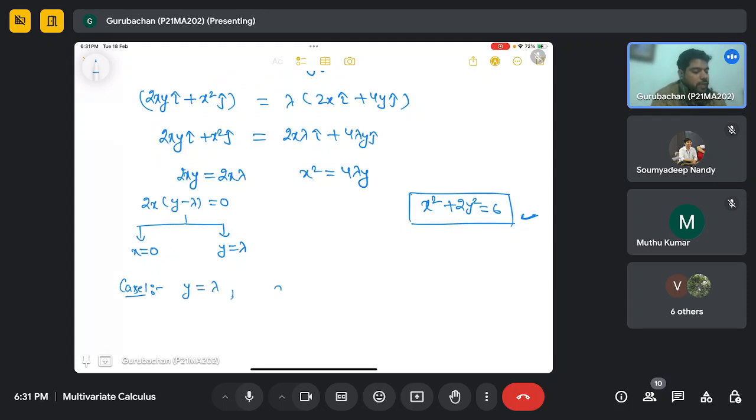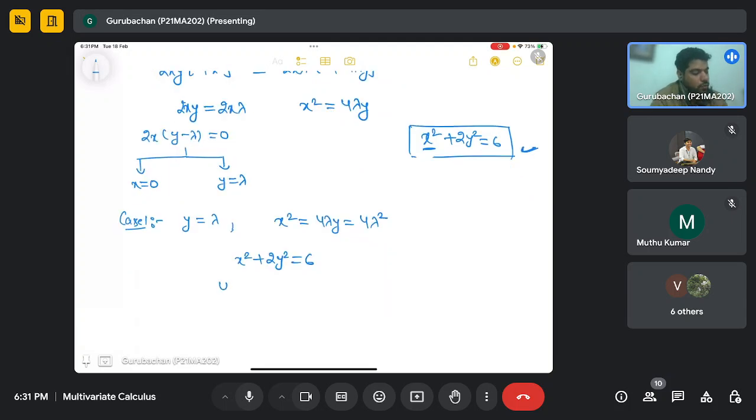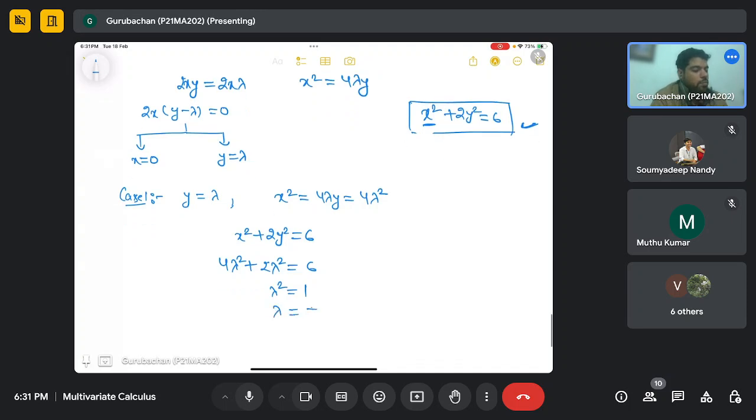Then x square equal to 4 lambda y will give you 4 lambda square. In fact, you don't need to calculate the value of x here because you need to put only x square. So put this value in the subject to constraint. So this will give you 4 lambda square plus 2 lambda square equal to 6, which is nothing but lambda square equal to 1, which will give you lambda equal to plus minus 1.